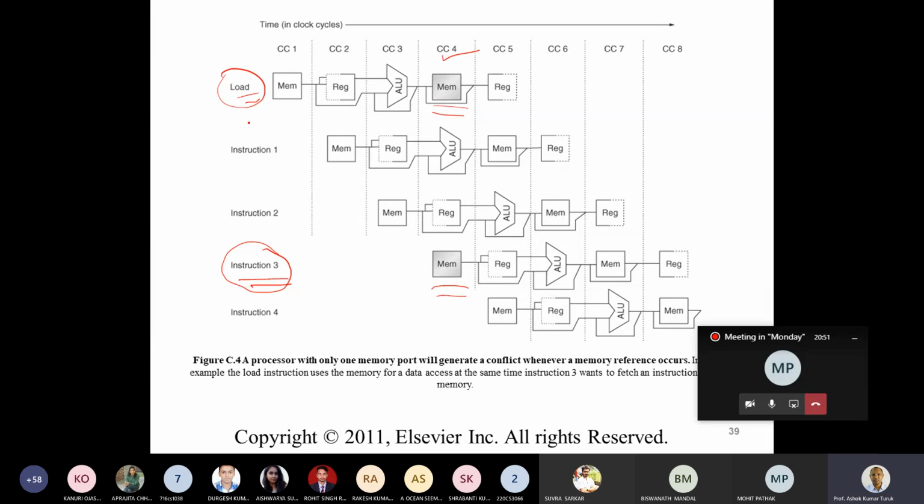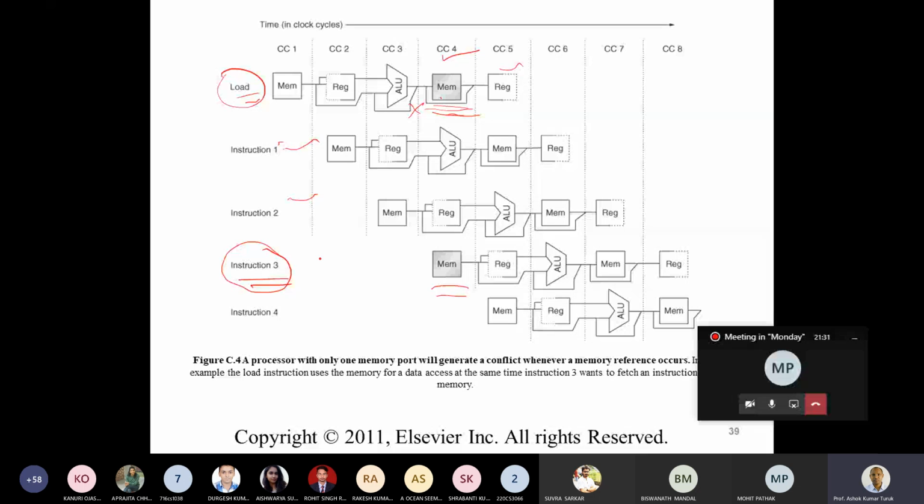So if you stall the load instruction, then it cannot go to the register stage in clock cycle 5. Once the load instruction is stalled, all the subsequent instructions have to be stalled, because they also cannot proceed to the next stage of the pipeline. Instruction 1 cannot go to the memory stage until the load instruction completes the memory stage. So this instruction 1 has to be stalled.